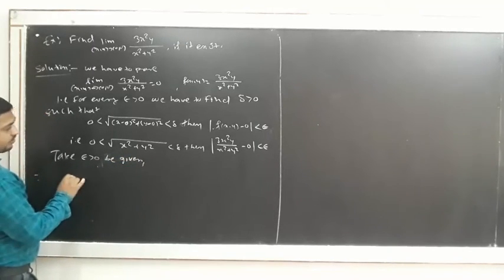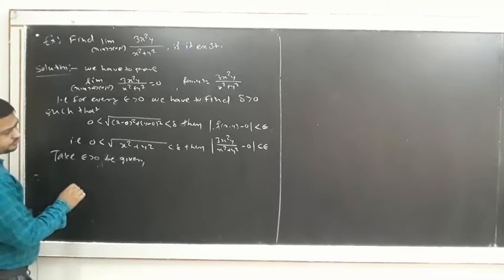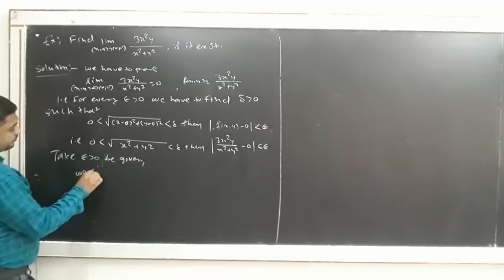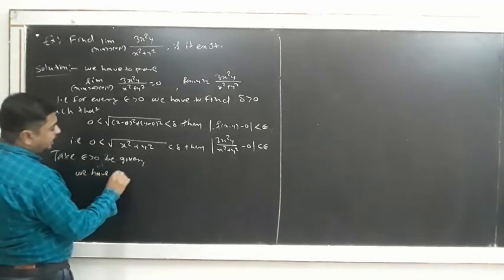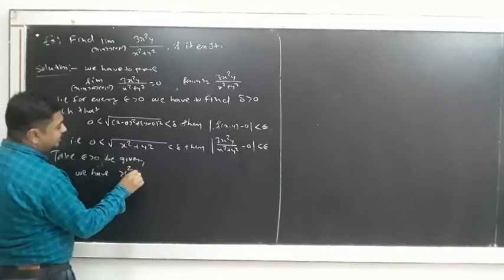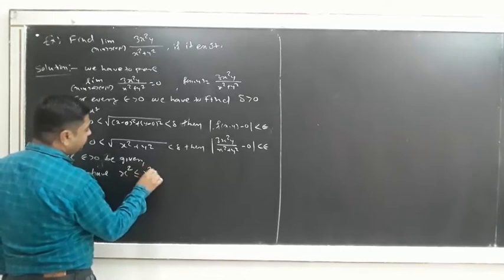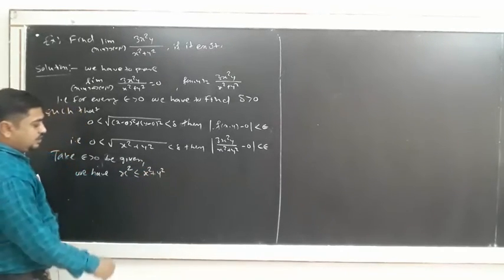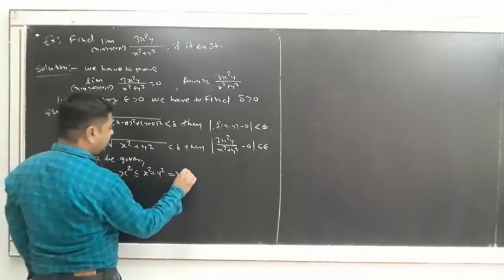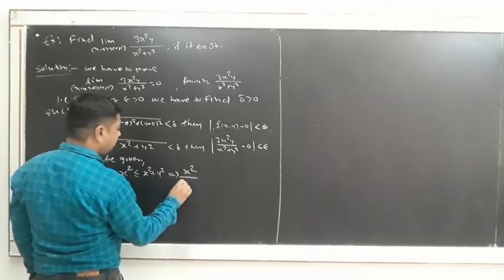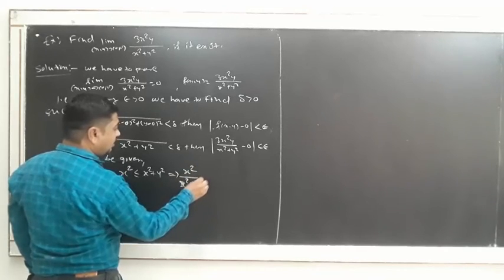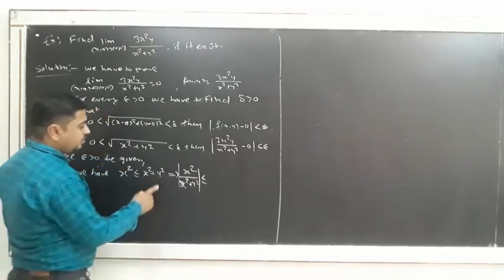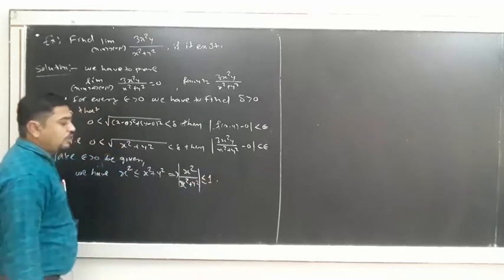Then we can write that x square is less than or equal to x square plus y square, and this implies that the mod of x square upon x square plus y square is less than or equal to 1.